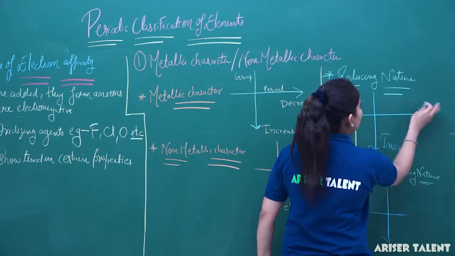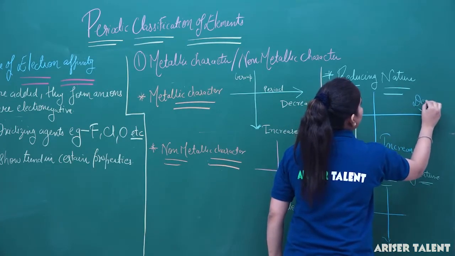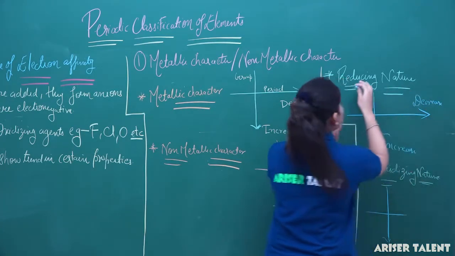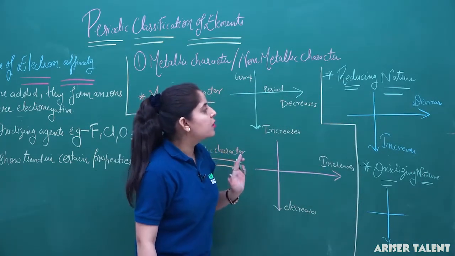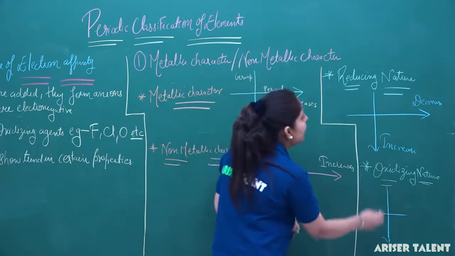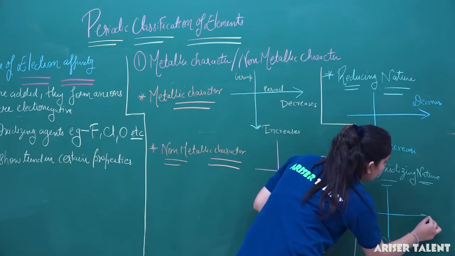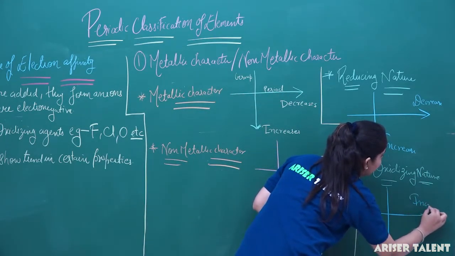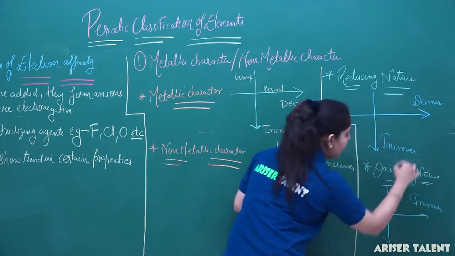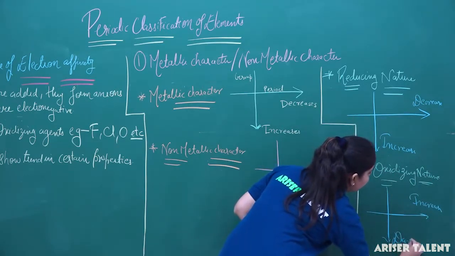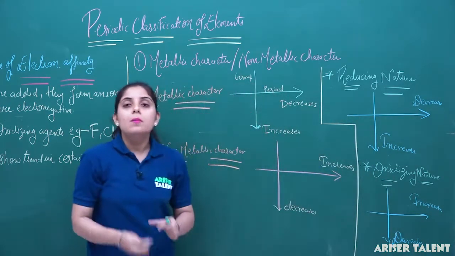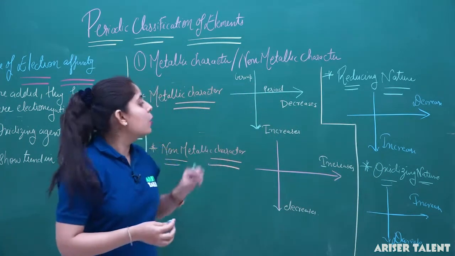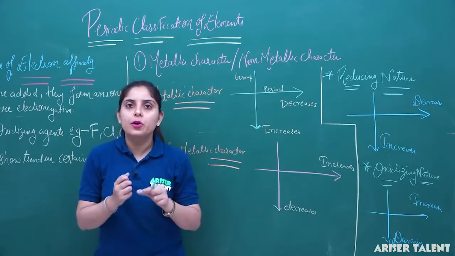And if we are moving from left to right, it is going to decrease, because we are considering reducing nature here. The oxidizing nature will be opposite to that of the reducing nature. As we move from left to right, it will increase, and oxidizing nature will decrease in moving from top to bottom. So this is how metallic, non-metallic, and the oxidizing and reducing nature show the trend.